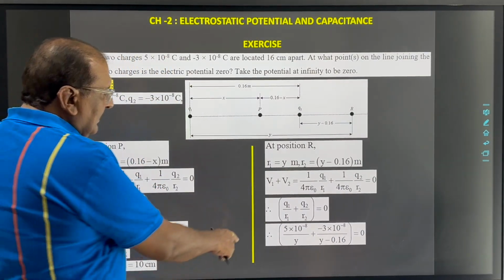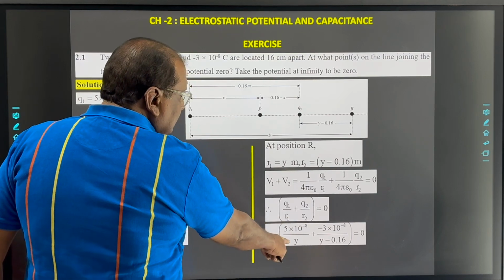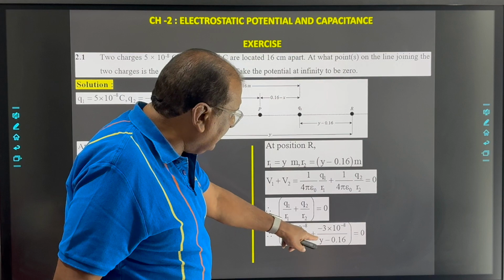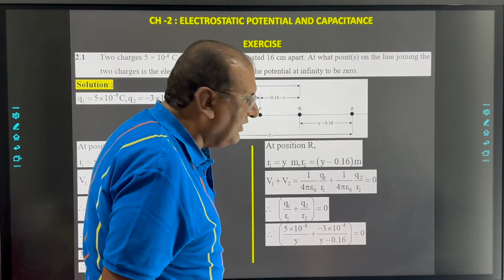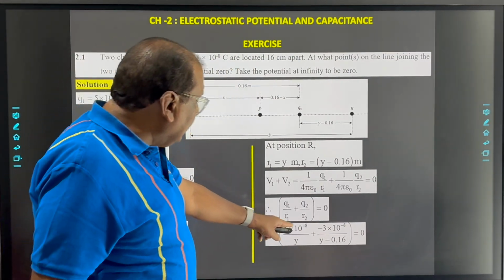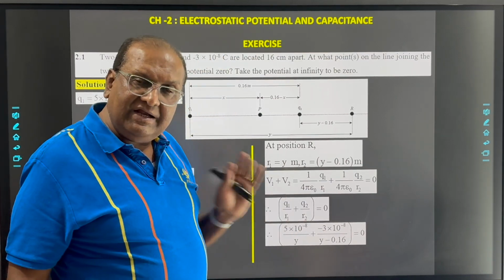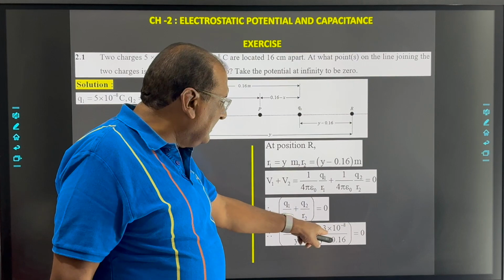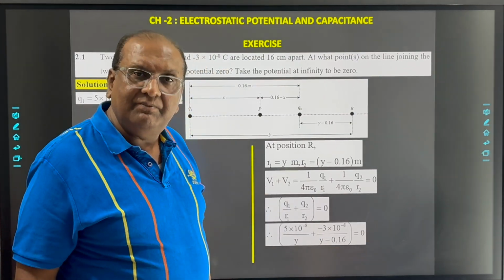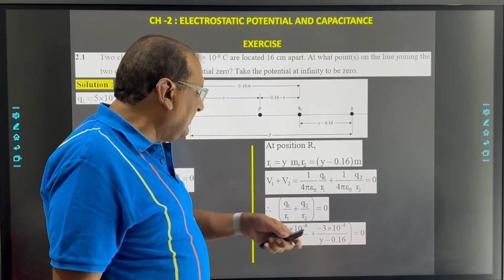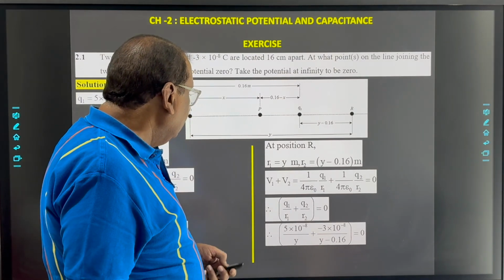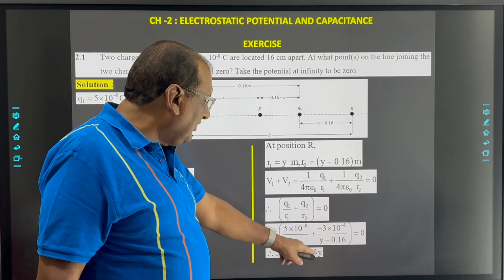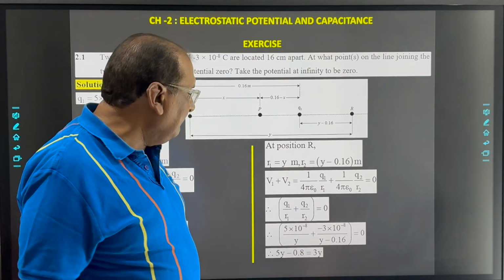So we will get again 5 × 10^-8 upon y plus (-3 × 10^-8) upon (y minus 0.16). Again take 10^-8 common, it will be cancelled. Then take the second term on right hand side, it will be positive. And then after taking cross product and solving it, you will get 5y minus 0.8 equal to 3y.